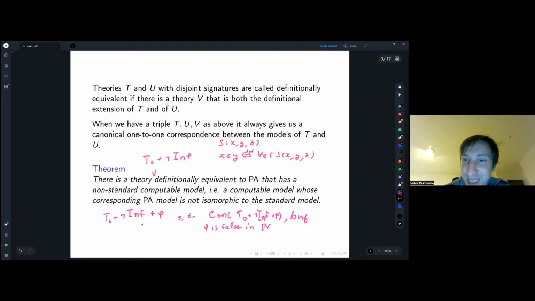This is how you define membership from the predicate S in the signature of T0. Then, using the definition of membership, you could express the negation of the axiom of infinity. You simply write down the usual axiom of negation of infinity, and replace all occurrences of membership with this definition, and that's all.